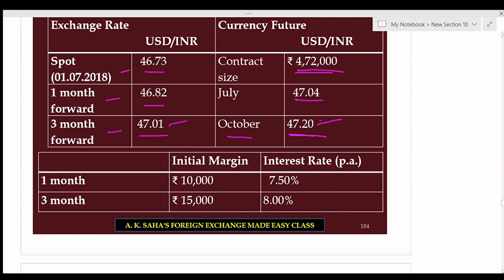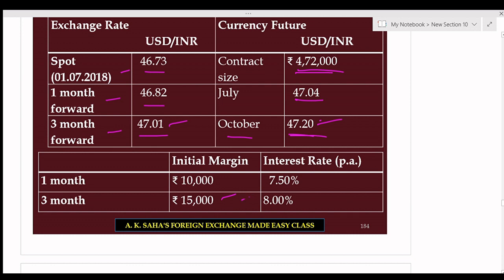Initial margin for 3 months is 15,000. This has to be paid by the buyer and seller, the participants in the future contract. It is mandatory, 15,000 rupees per lot. For 10 lots, it will be 1,50,000. For the gainer, after the deal is completed in the future contract, this initial money will be refunded.